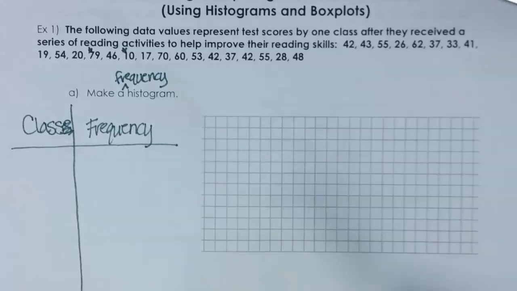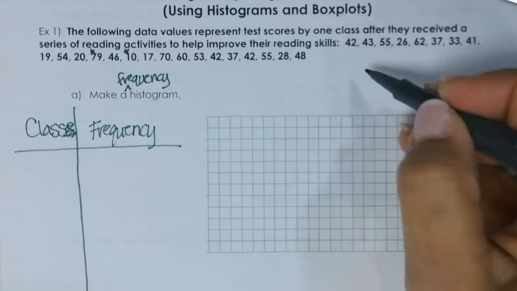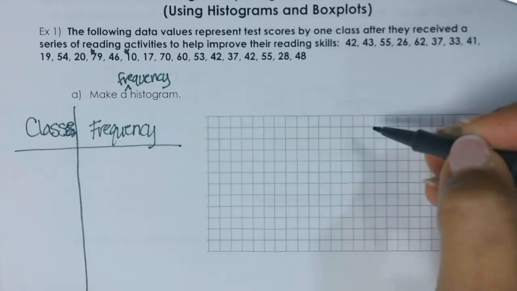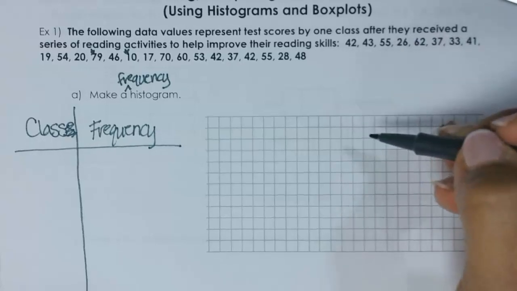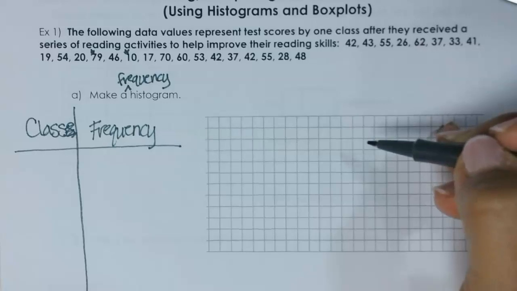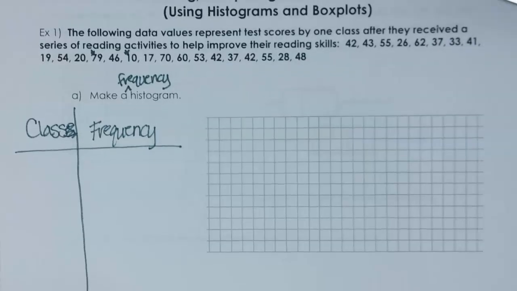If I went by 50s, clearly that wouldn't be good because I would just have 0 to less than 50, 50 to less than 100. That's not enough. If I went by 20s, that might not be good either. If I went by 5s, that might give me too many classes. So I think going by 10s would be a good idea. So I'm going to go by 10s.